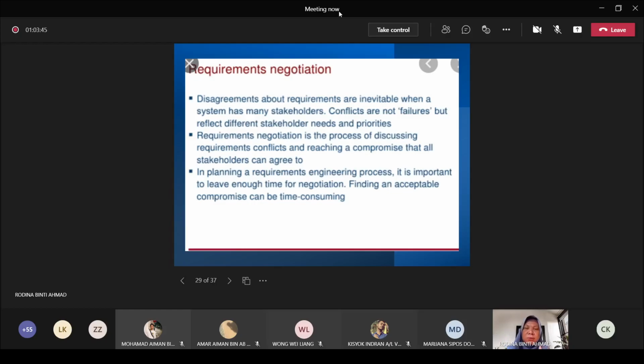So you need to also allocate some time for negotiation, because you need to have the agreement from most of the stakeholders, and an acceptable compromise can be time consuming. The agreement may take some time to explain to them about the facts and all these things.